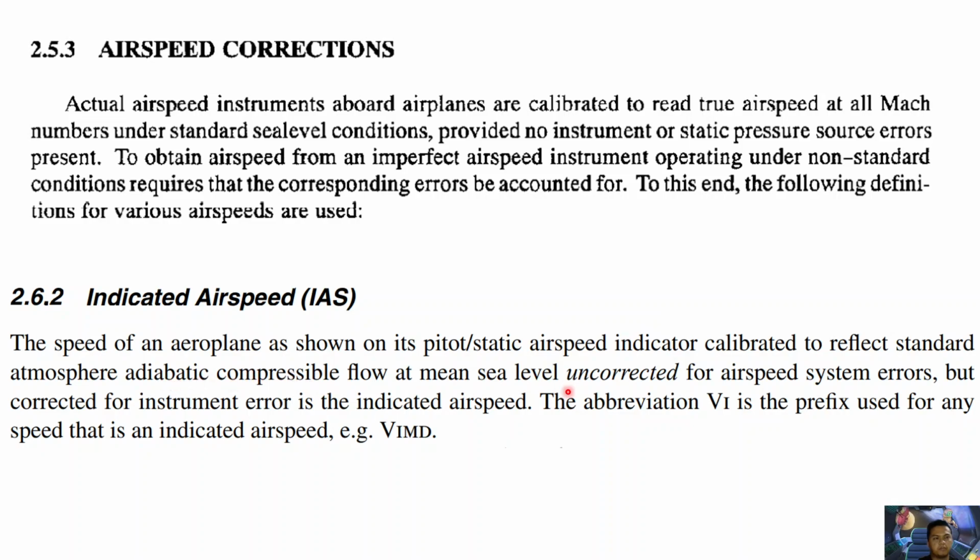So it is uncorrected for airspeed system error or the position error, but corrected for instrument error. Okay? B sub I yung abbreviation niya. So yung B sub I MD is simply from your sa subsonic or airspeed nyo, if matatakal nyo, is indicated airspeed at minimum drag, MD.